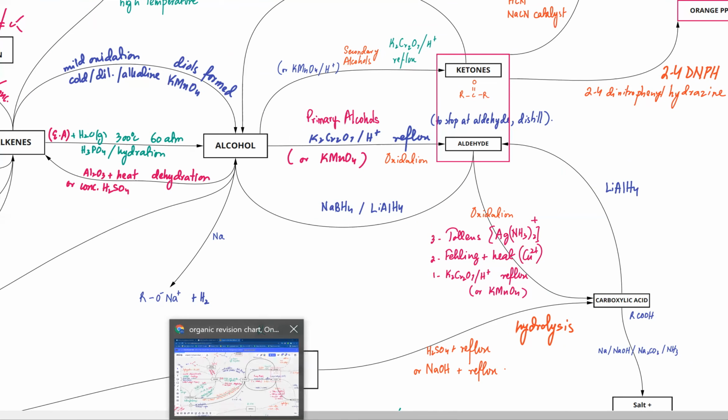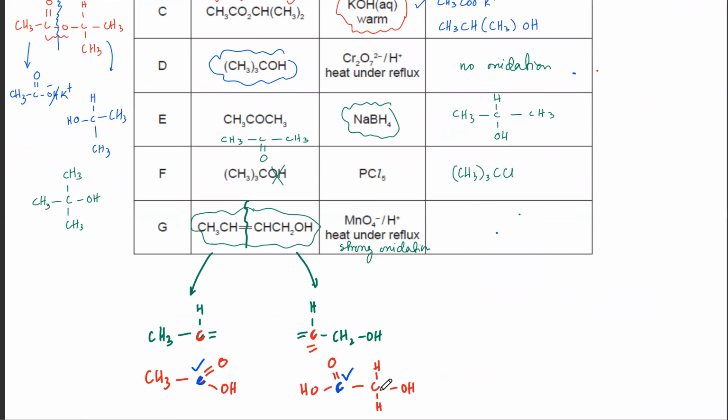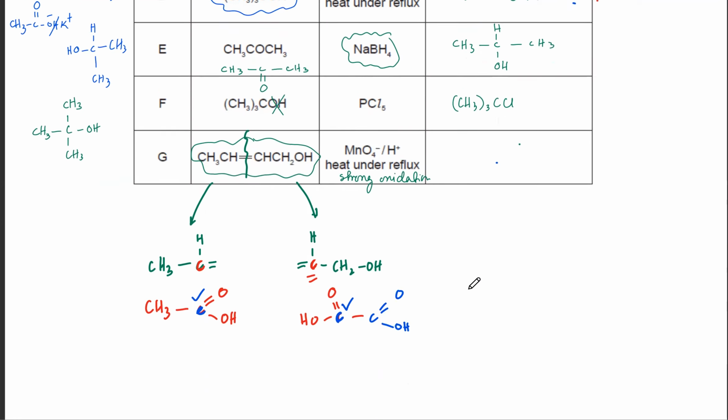So we left that one. So I'm going to focus on that one. This particular carbon atom over here will turn into a carboxylic acid. So just make it into a carboxylic acid. So these are the 2 molecules that you're going to get once you oxidize this substance.